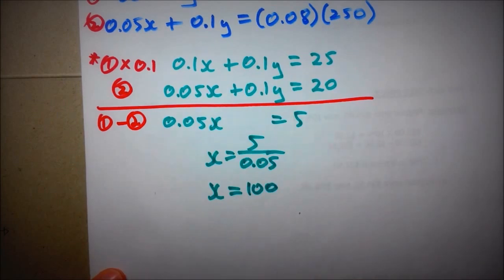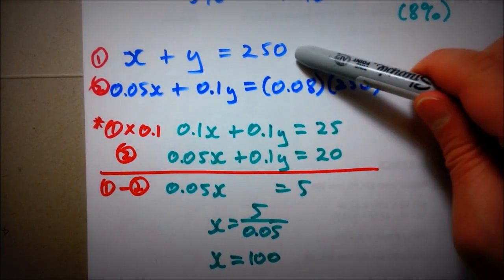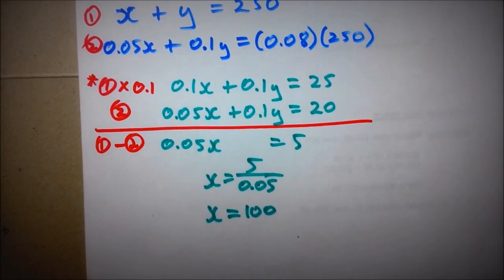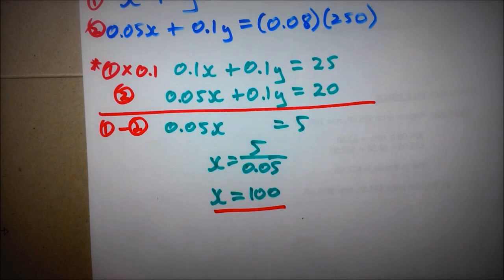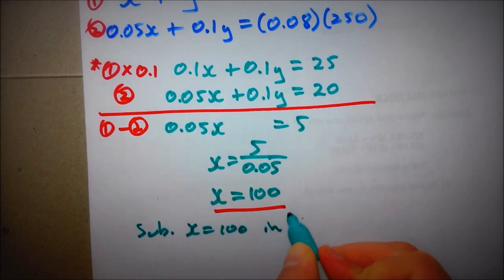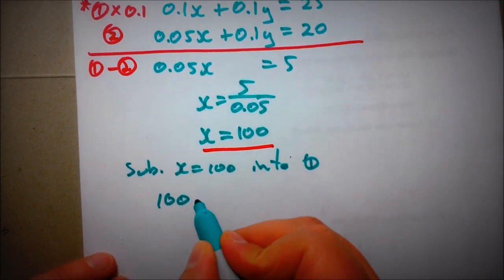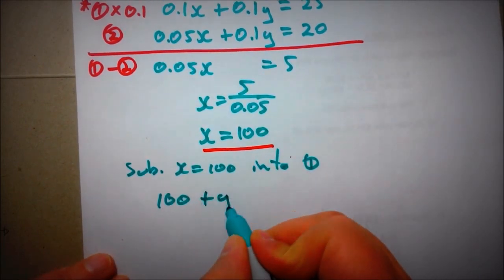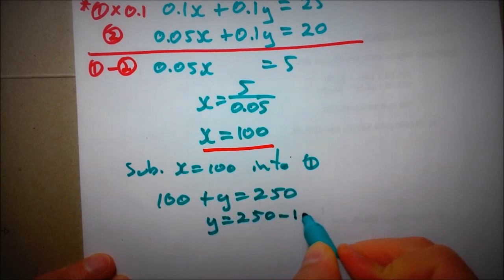Good. So now that we have this, we can use x equals 100 and find out what the value of y is. Although at this point you might be able to tell what the value is. Actually, let me write this down. Sub x equals 100 into equation 1. So we get 100 plus y equals 250. Y is equal to 250 minus 100.